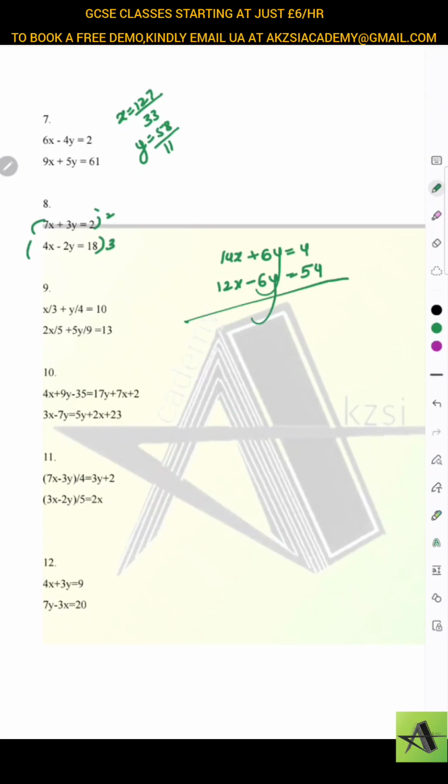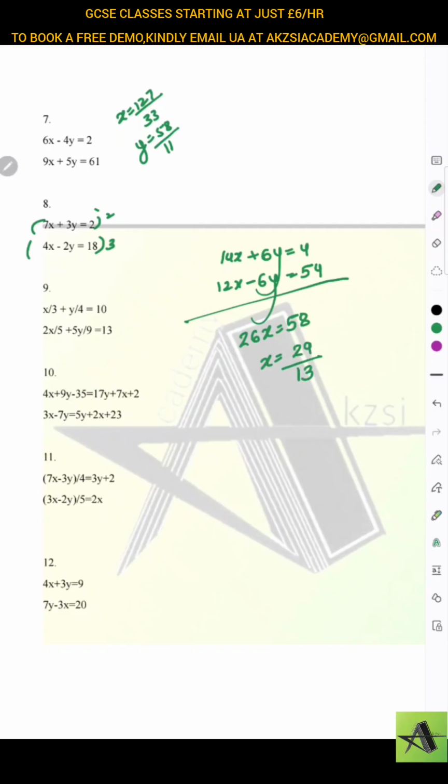Obviously the sign is opposite, you can clearly see, so I'm just adding it up. Will give me 26x is equals to 58, and x is equals to 58 over 26. So on simplification, I'll get 29 over 13.